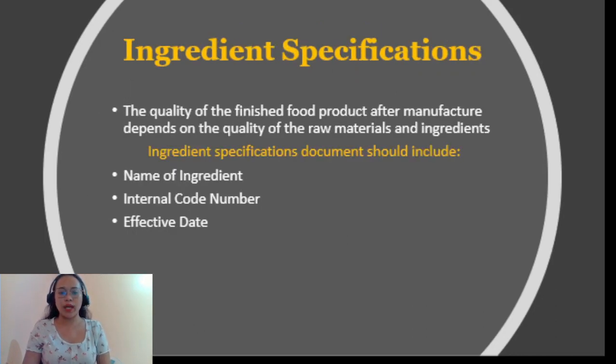Here is the definition or the function of ingredient specifications. The quality of the finished food product after manufacture depends on the quality of the raw materials and ingredients. The ingredient specifications document should include the name of the ingredient, internal code number, and effective date.